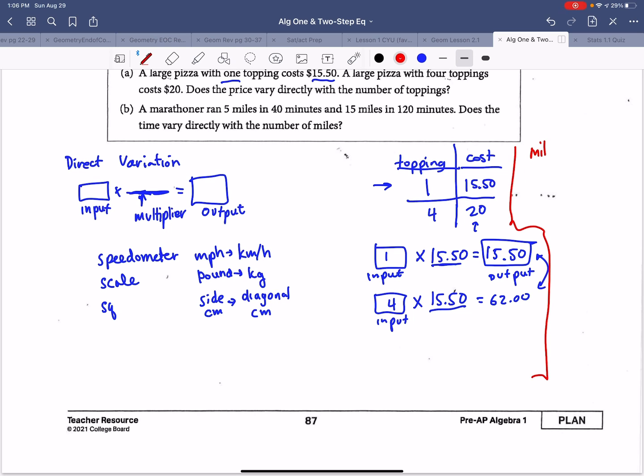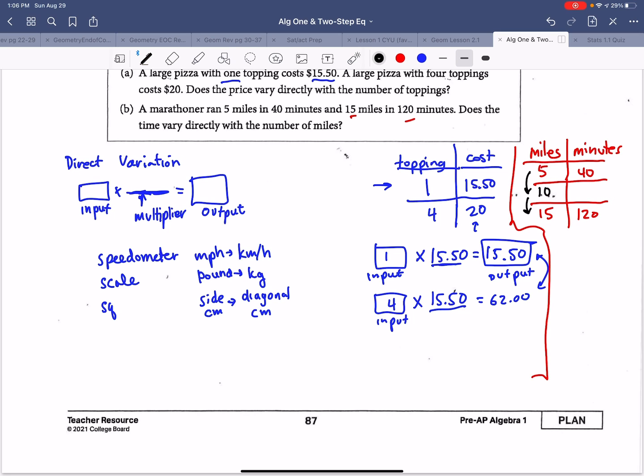If I put in miles, 5 miles, and I end up getting minutes, 40 minutes, then would I get 15 miles, 120 minutes? Now, I think this one looks like a yes, right?